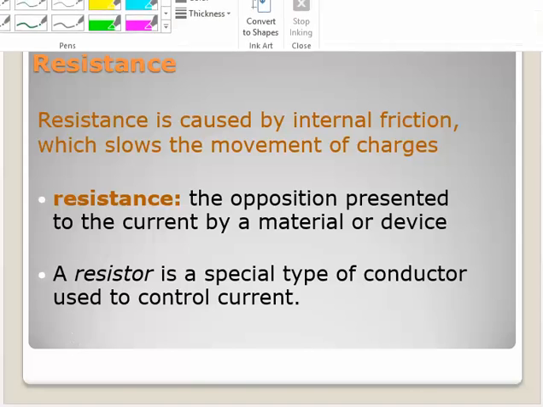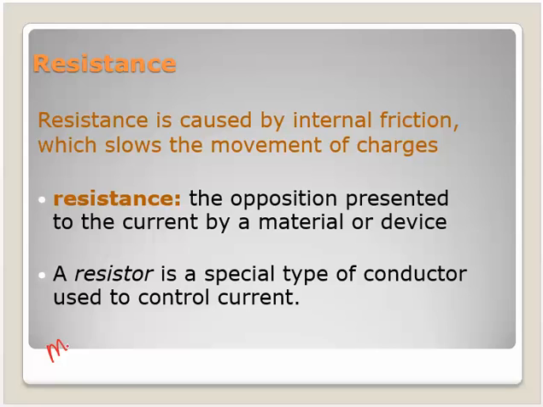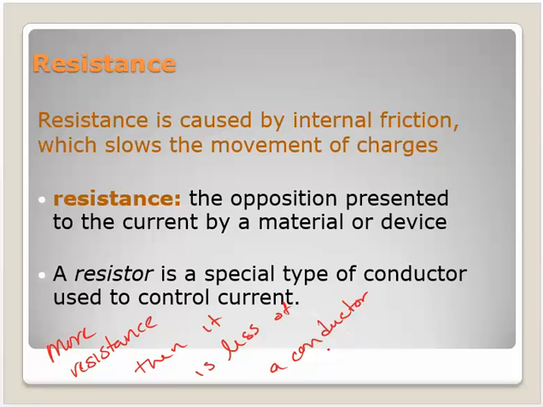So if it has more resistance, then it is less of a conductor, because what we're talking about here is resisting the flow of electrons. And that's what's happening here with resistance.